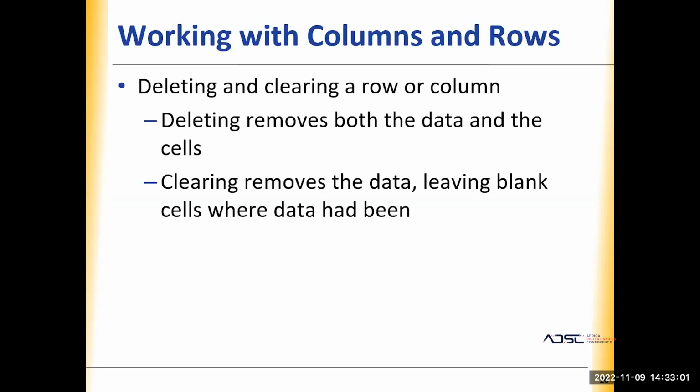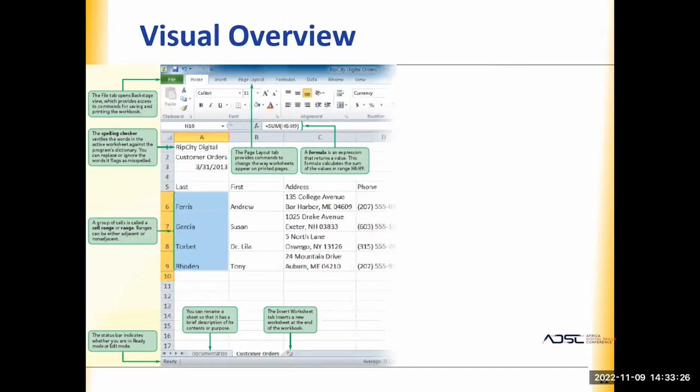If you are deleting column wise, it deletes the column, everything in that column with the column itself. If you are deleting row wise, it deletes everything in the row and the row itself. You understand? But when you clear the data, it means that you fully clear the data you have fed into that column or that row. So they are two different things.